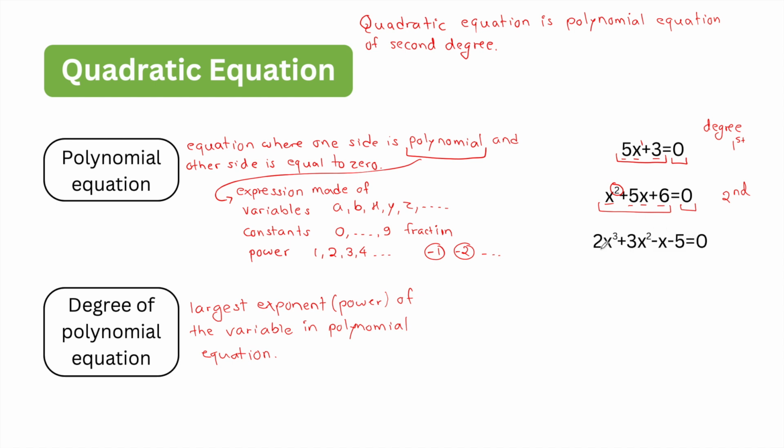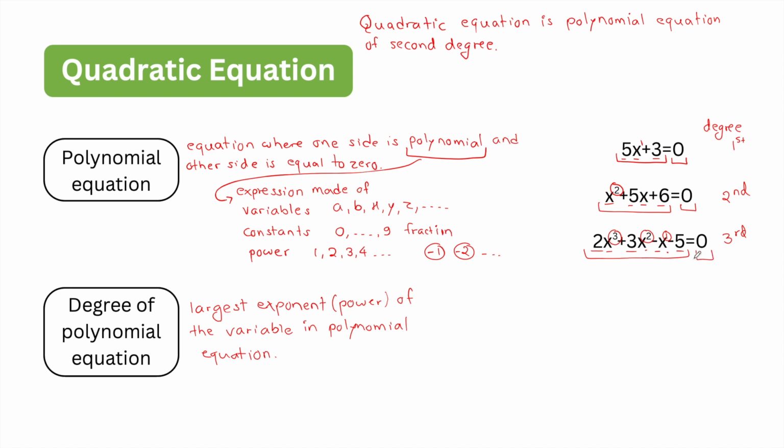Here we have 2, 3, 1 and 5 as constants, and we have 3, 2 and 1 as powers of the variable x. Here the largest power of the variable is 3. So this is a third degree polynomial equation. You got it?